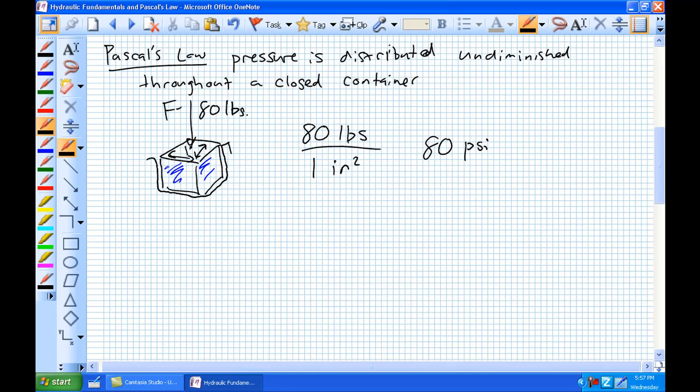So again, I've applied a force of 80 pounds to an area of 1 square inch, and I get my pressure. F divided by A equals P. So what's really neat about this formula, F divided by A equals P, if I wanted to solve for force, multiply times A, both sides, force equals PA.